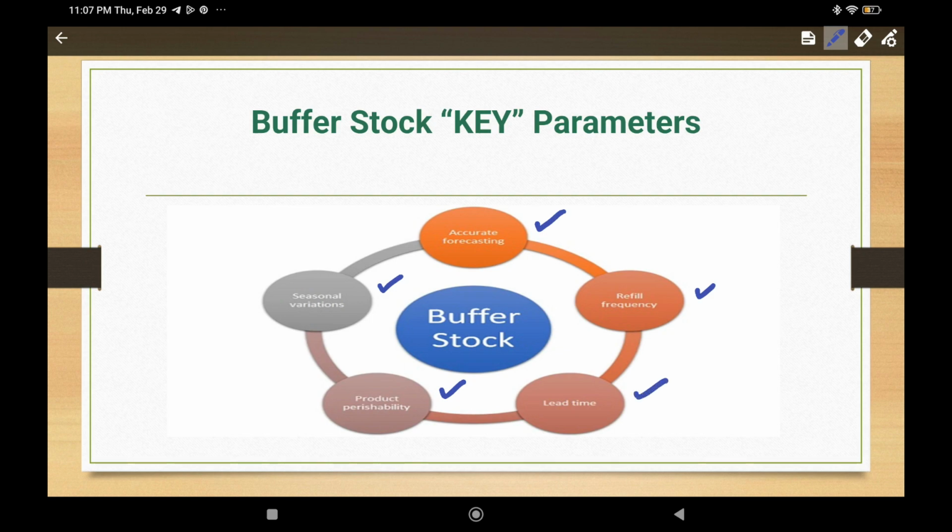Now see, demand and supply is the equilibrium of one particular store. So demand of a drug is dependent on accurate forecasting. Suppose the hospital wards are asking for drugs.